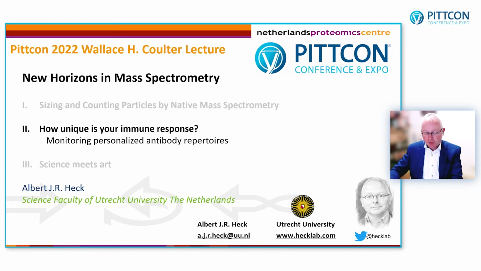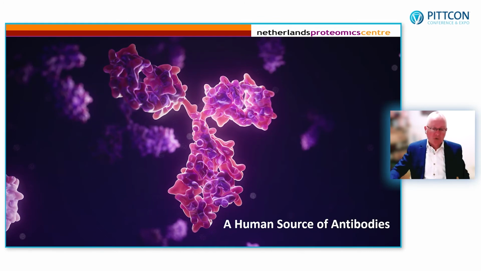So we are interested in looking at antibodies. We are interested in looking at antibody repertoires. Now, antibodies are beautiful molecules. They are big, 150 kilodalton. And of course, in our blood, a quarter of the proteins are antibodies. So it's really an important part of our proteome, of our plasma proteome.